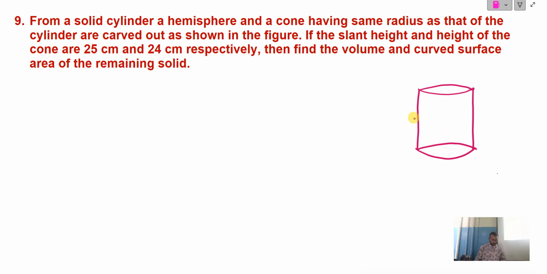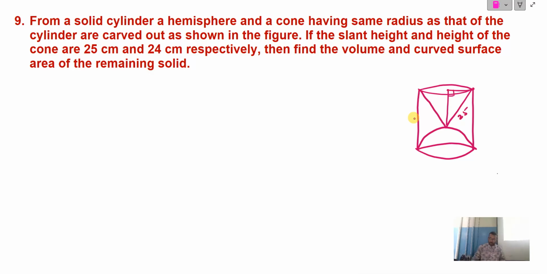Now let me study one by one. From a solid cylinder, we have one cylinder. A hemisphere and a cone having the same radius. We have one hemisphere and one cone having the same radius as that of the cylinder.